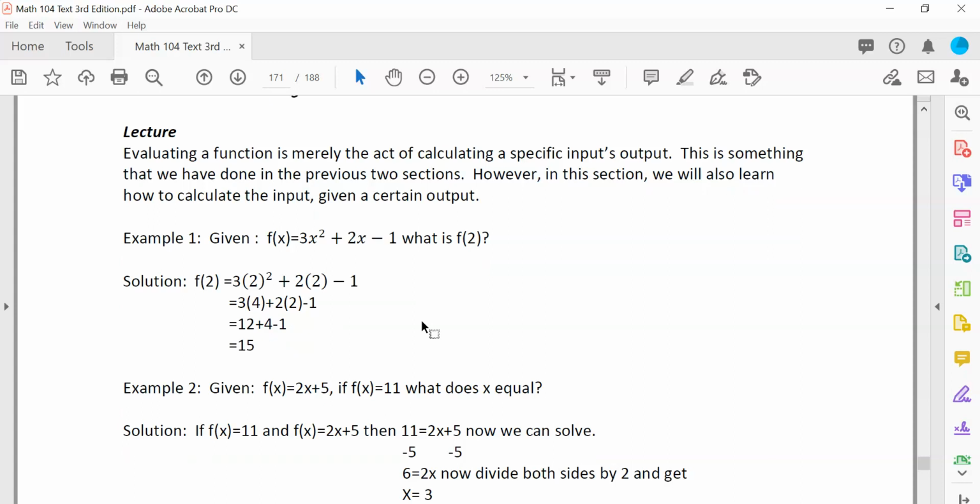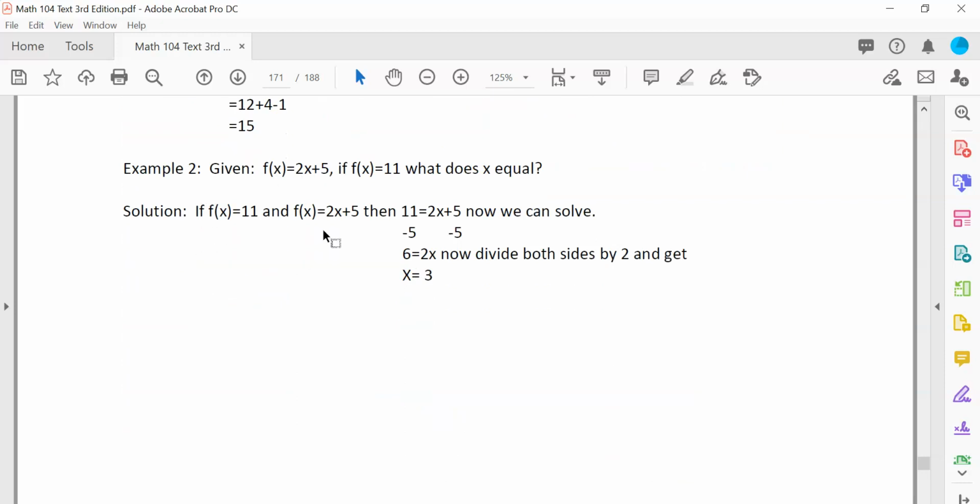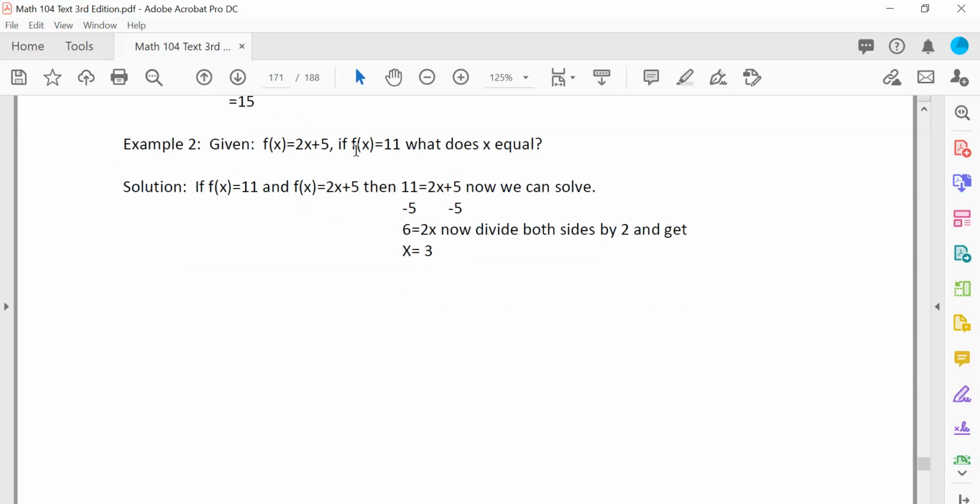Now, another type of problem goes like this. Given a function, let's say f of x equals 2x plus 5. So this is another different function. If f of x equals 11, what does x equal?